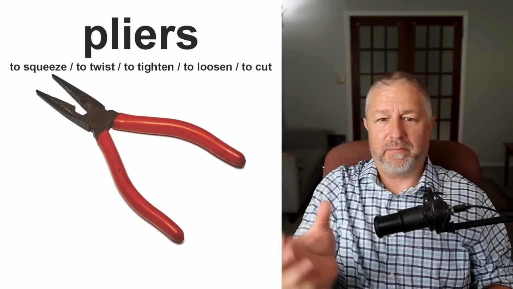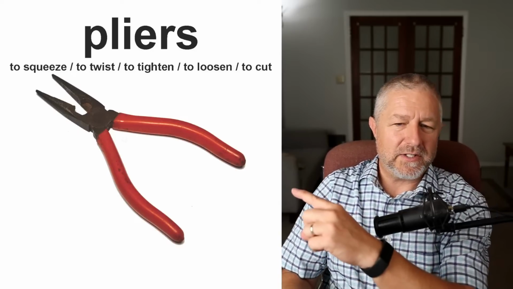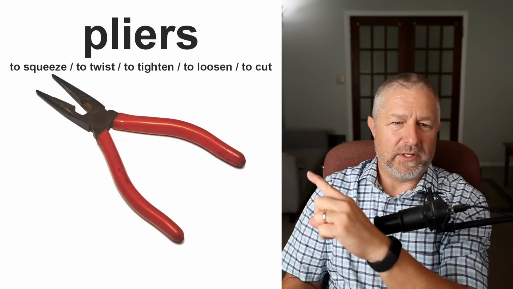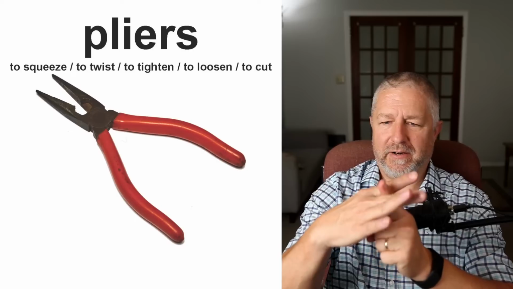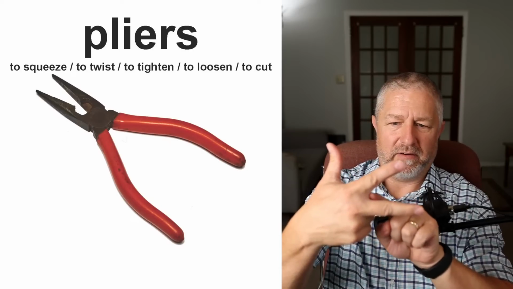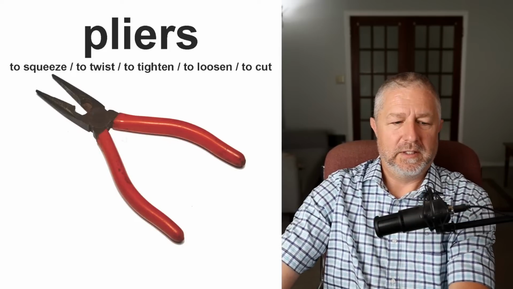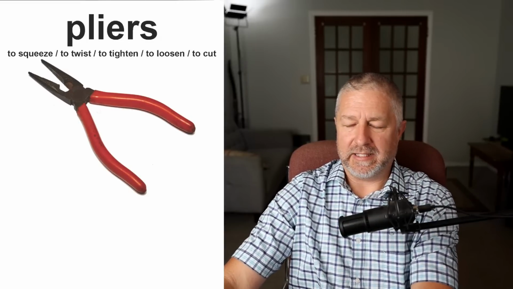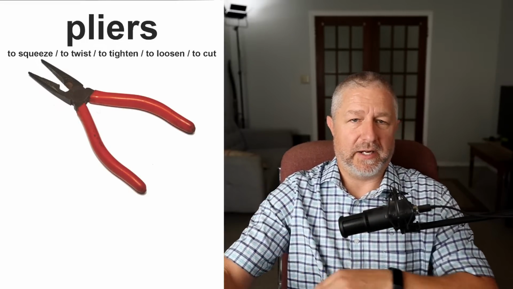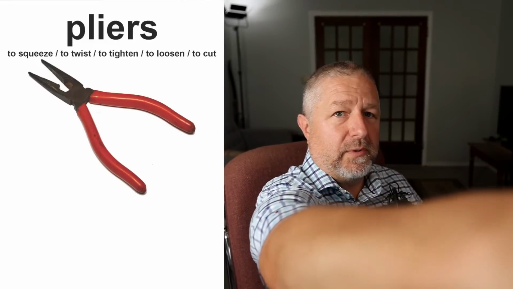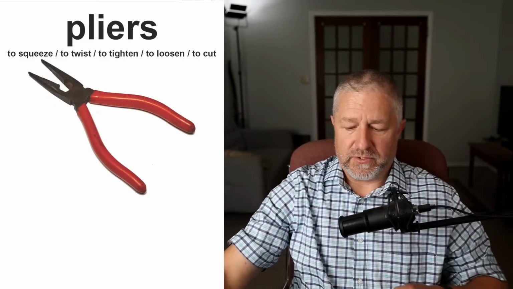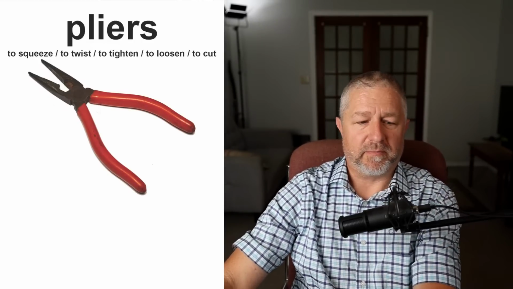You can tighten something, you can loosen. And this pair of pliers has a little cutting area right at the base, like most pairs of pliers. You can cut string or wire. And similar to scissors, it's pliers. We always use the plural. So you can have a pair of scissors, a pair of pliers.